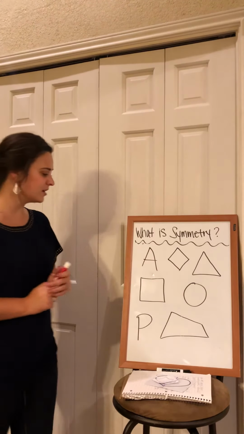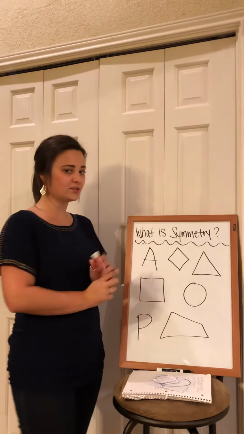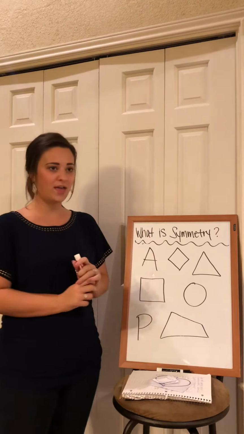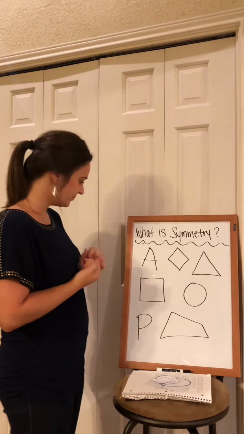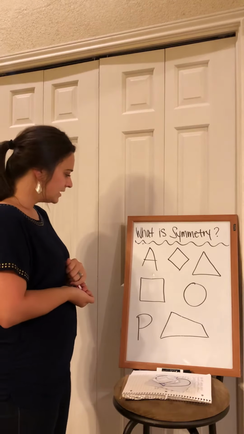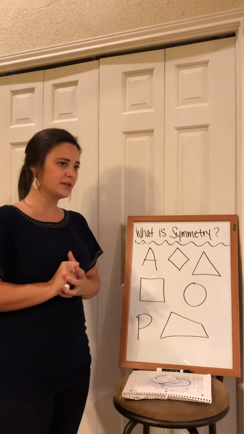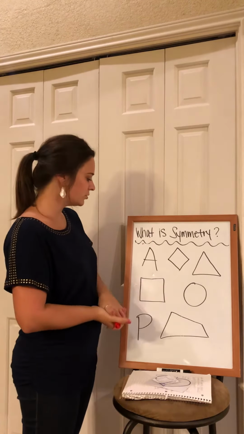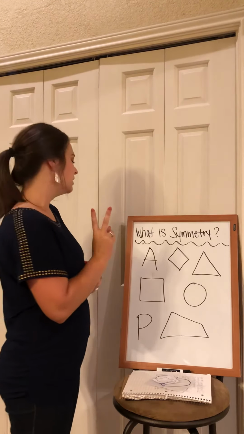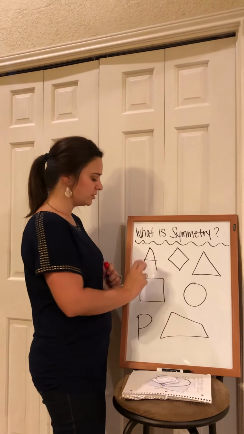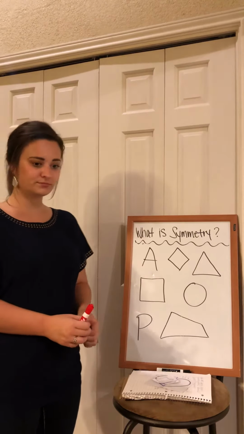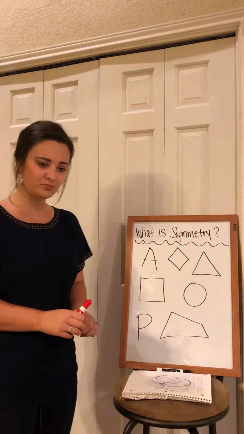Okay, so let's take the letter A, for example, like a capital A. Okay. Do you guys know where I can place my line of symmetry in order to make two images which mirror each other? What do you think?